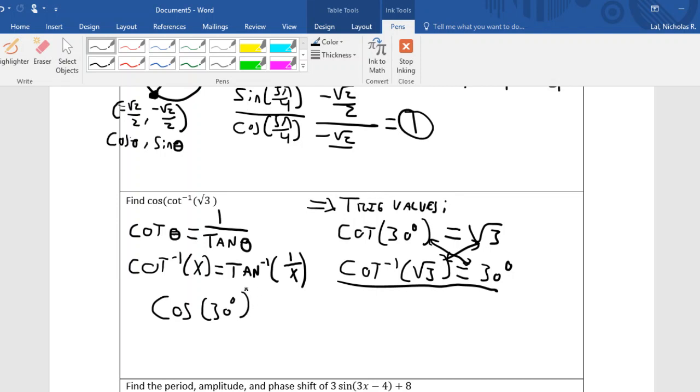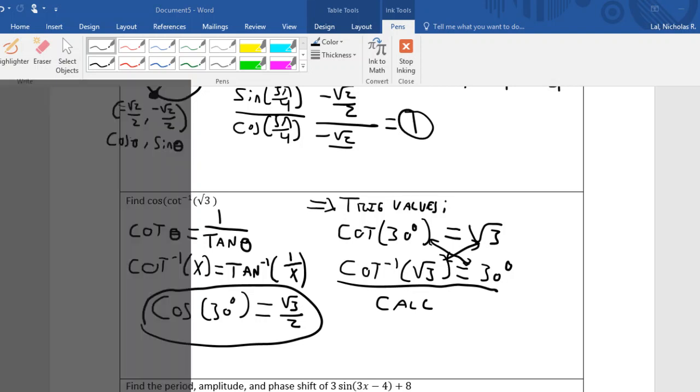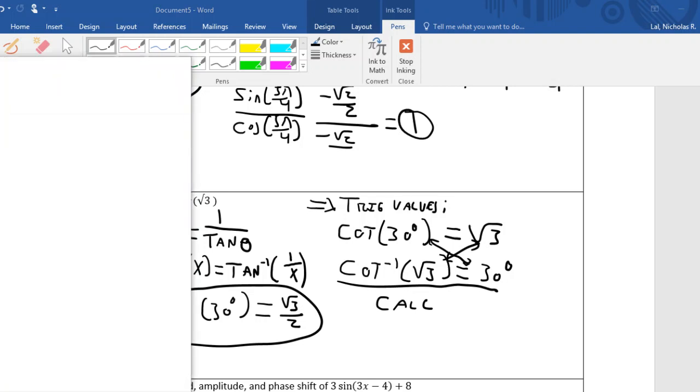The cosine of 30 degrees is equal to root 3 over 2. This is our solution. If we are evaluating this in our calculator, to evaluate inverse cotangent of x, we're going to have to write the inverse tangent of 1 over x in your calculator.